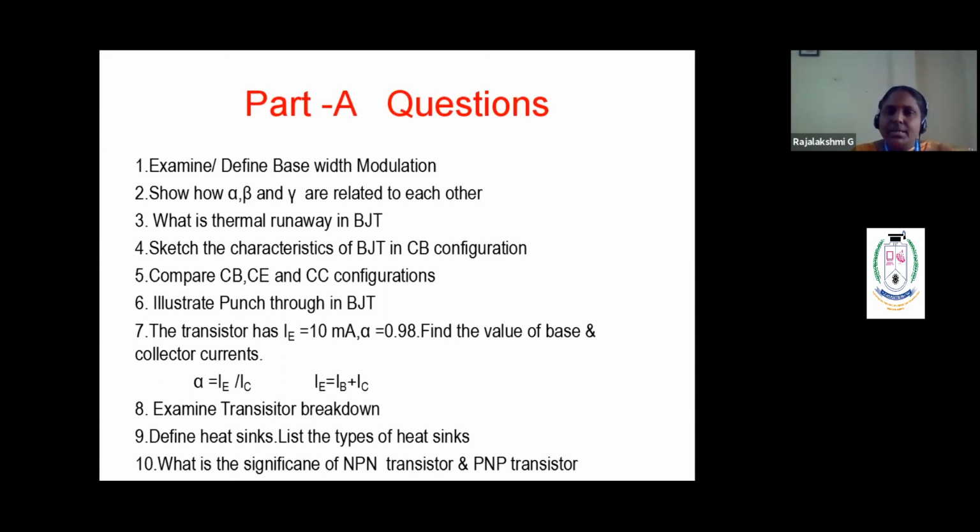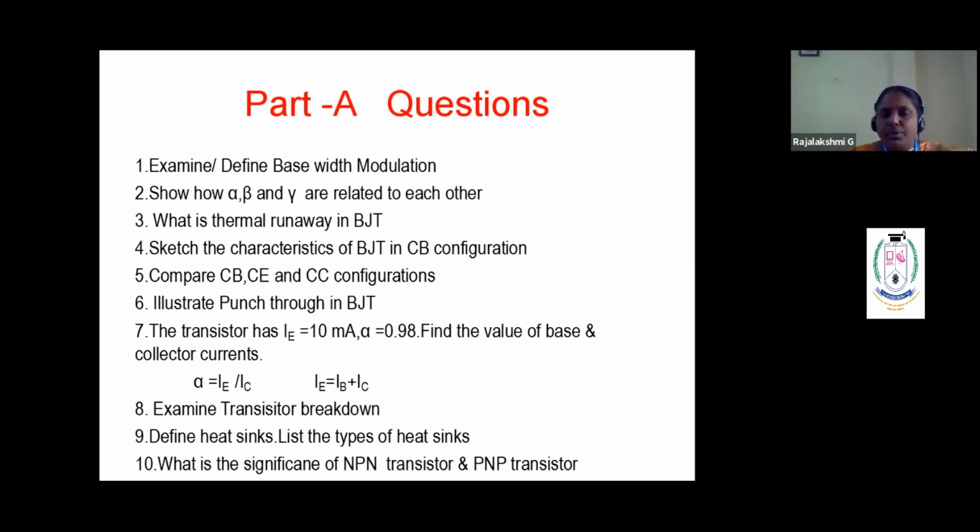Next is sketch the characteristics of BJT in CB configuration. The first configuration that I taught now is the CB configuration. Just plot the curve between voltage and current. They are asking for both input and output.